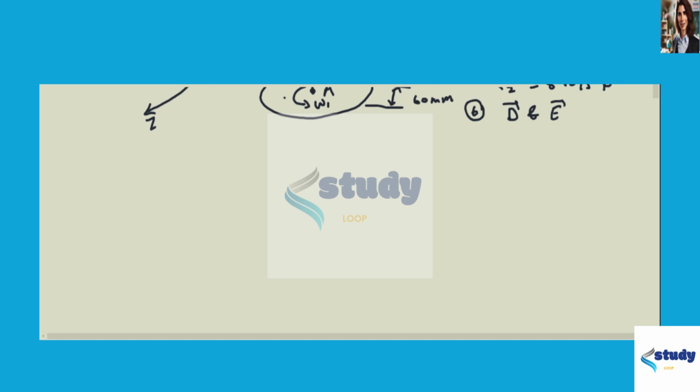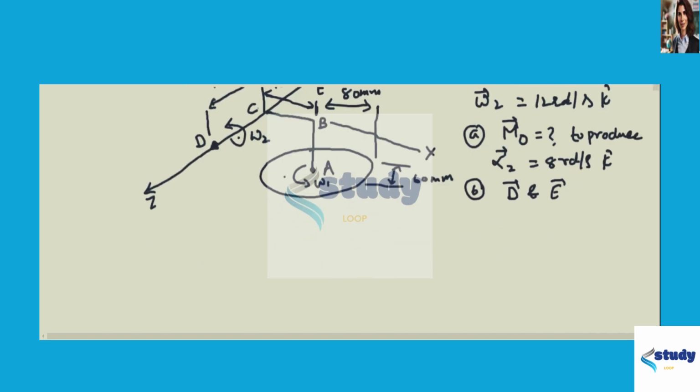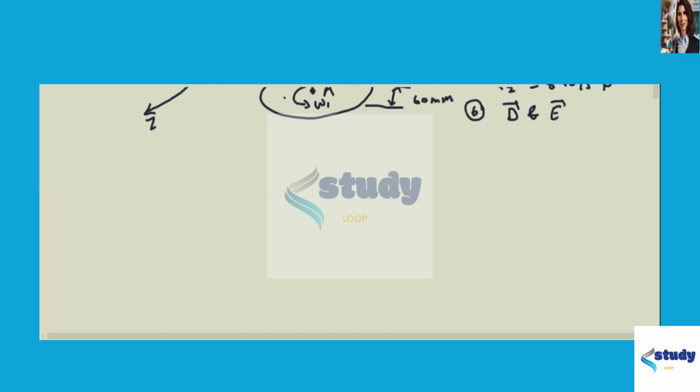Knowing that at the instant shown, shaft DCE has angular velocity 12 radian per second and angular acceleration 8 radian per second square, calculate the couple that must be applied on the shaft DCE to produce this acceleration and the corresponding dynamic reactions at D and E. Let us start solving it.